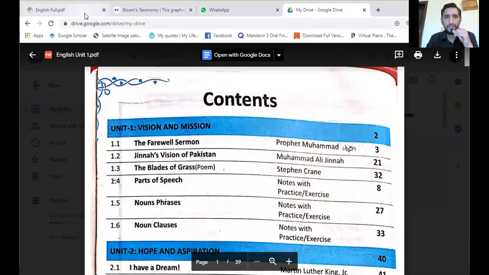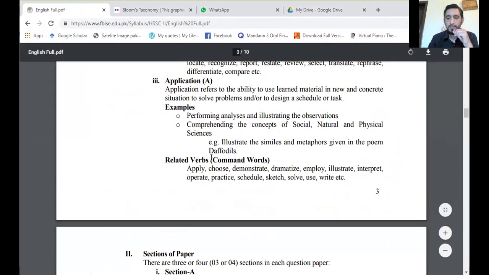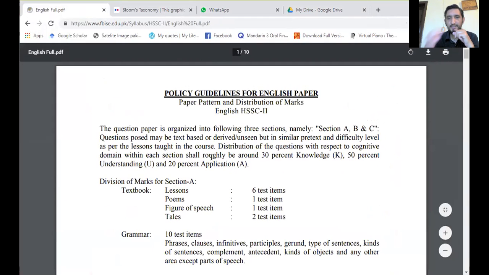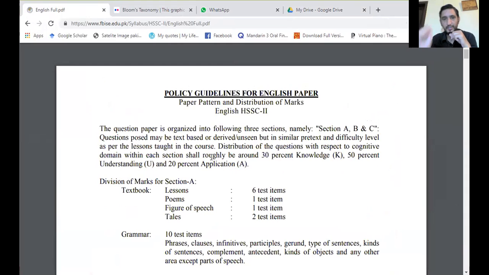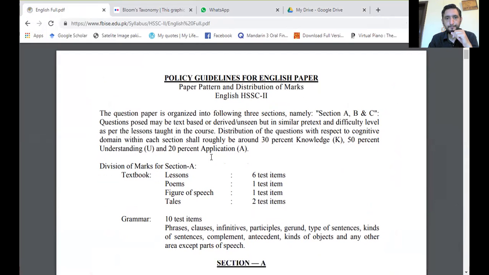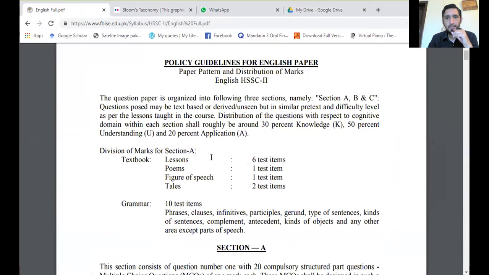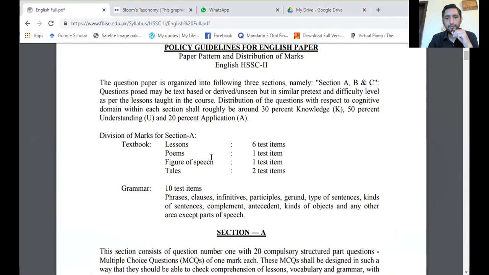This is a new book that we are into, and these are the policy documents with regards to your new paper pattern this year. There are some changes in your paper pattern and in your textbook as well.